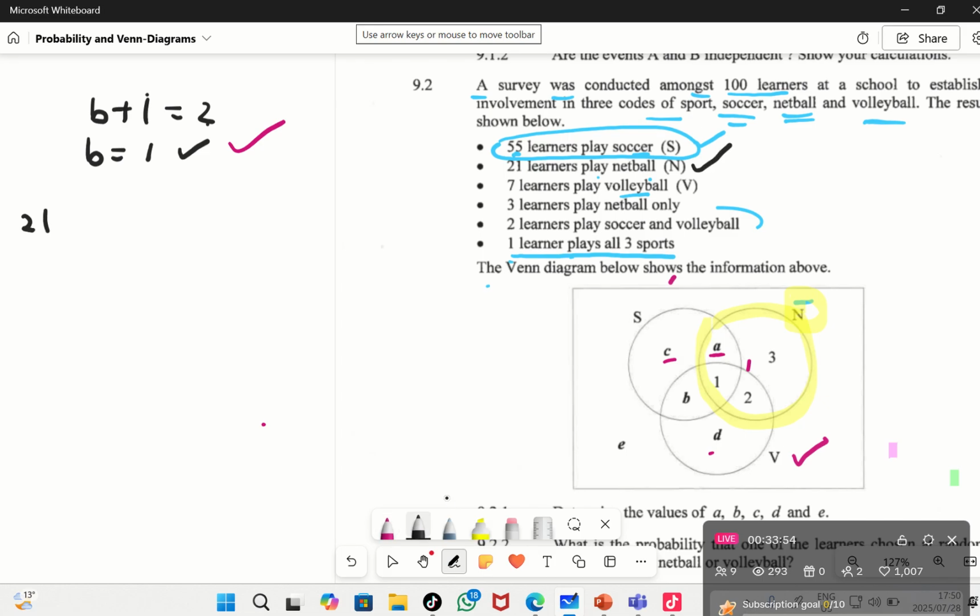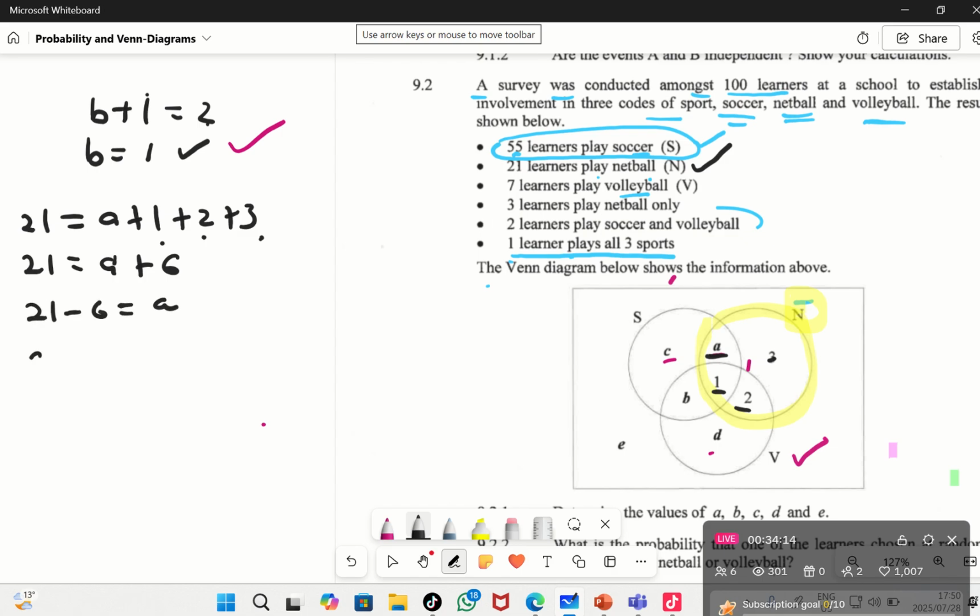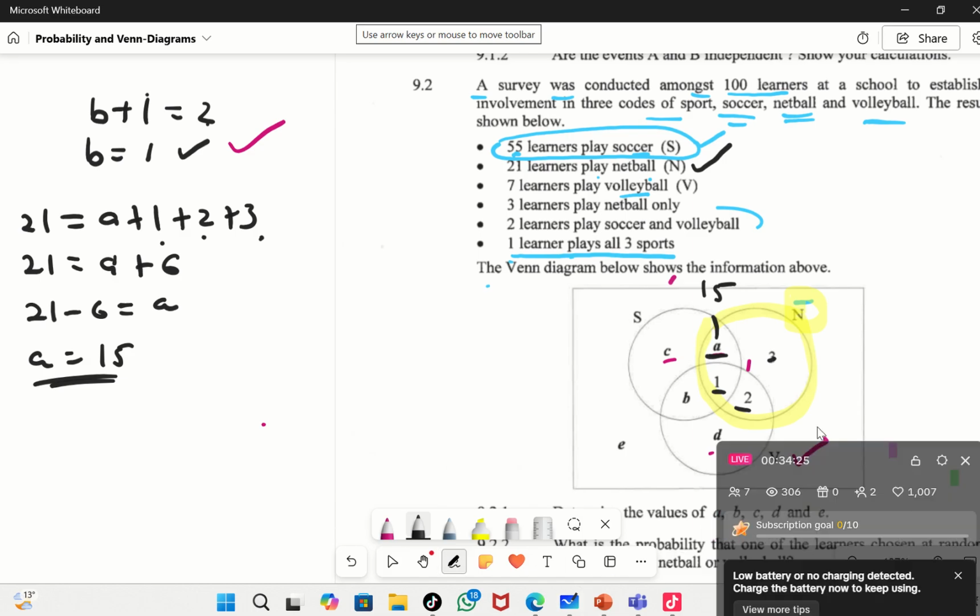So it's A plus 1 plus 2 plus 3, which must give us 21. A plus 1 plus 2 plus 3 gives us 6, so we take the 6 to the other side: 21 minus 6. Therefore, A will be equal to 15. Do you guys agree with me that A is then equal to 15? Easy peasy. Sharp.